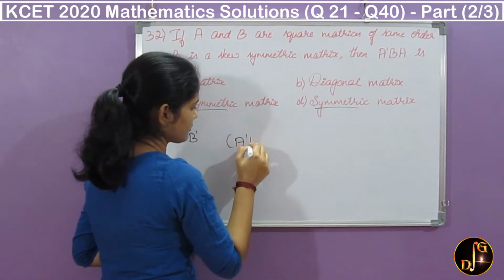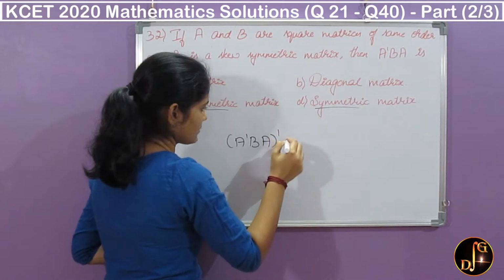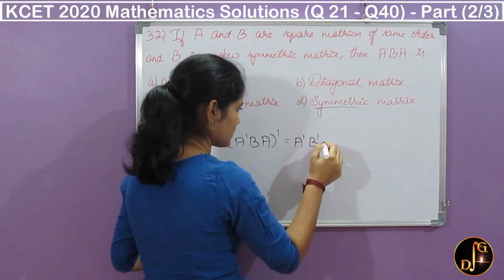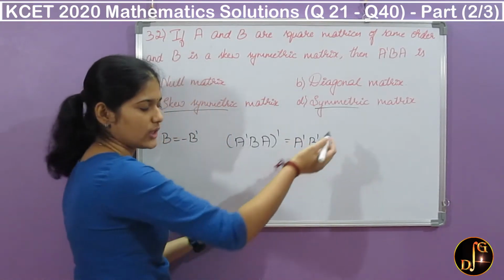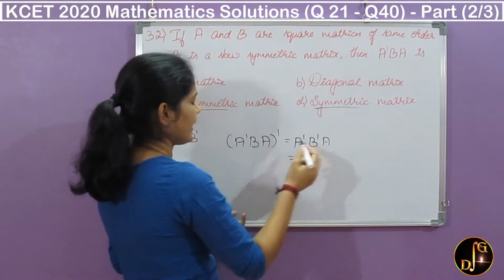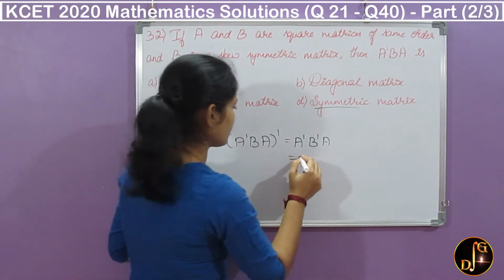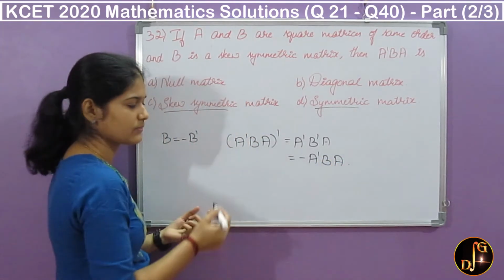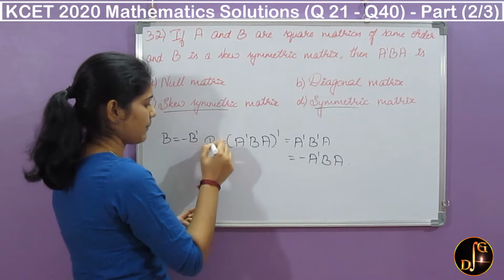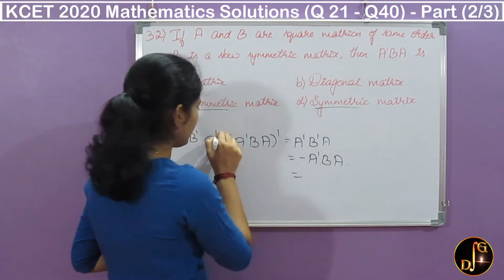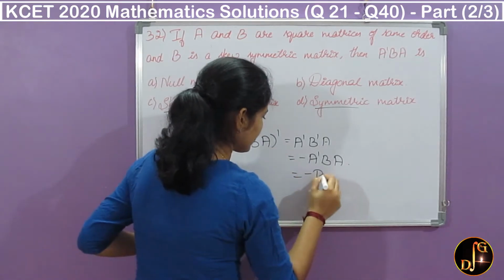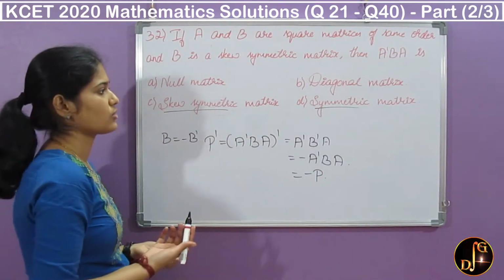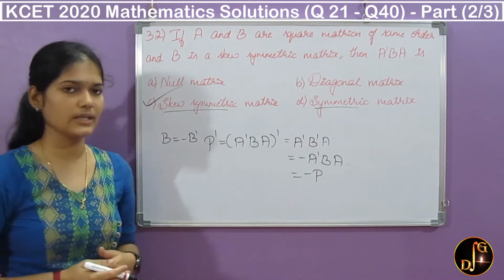That means (A transpose BA) transpose is equal to A transpose B transpose into (A transpose) whole transpose, that is A, right? B transpose is nothing but minus B. So it will be minus A transpose BA, right? If we take this as some P, then this is P transpose, then this is minus P, right? This is the condition for a skew-symmetric matrix. So the correct answer is option C.